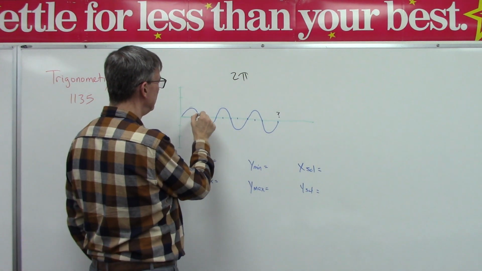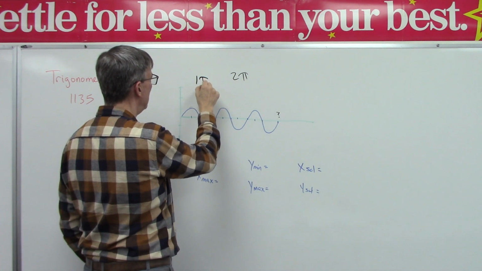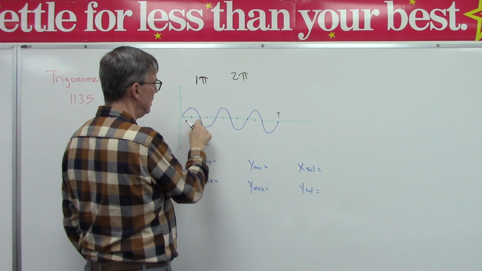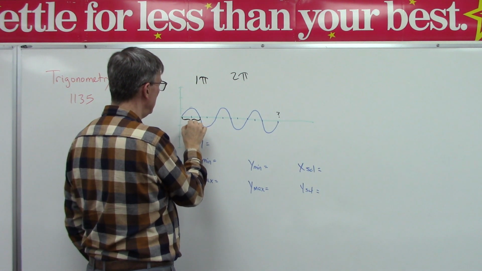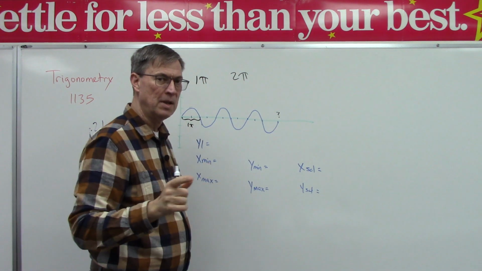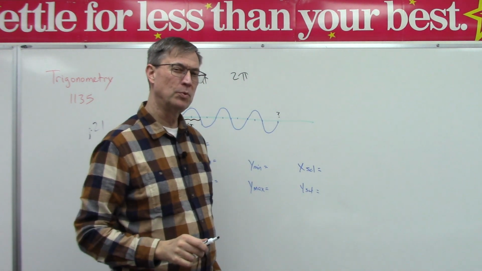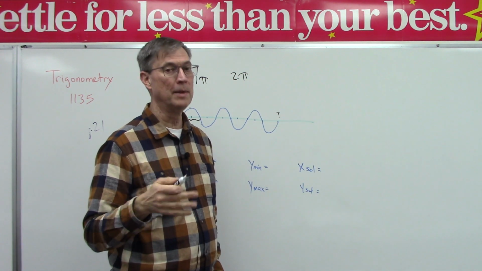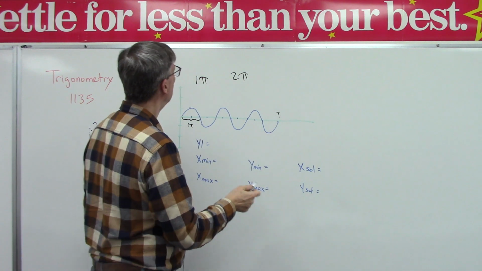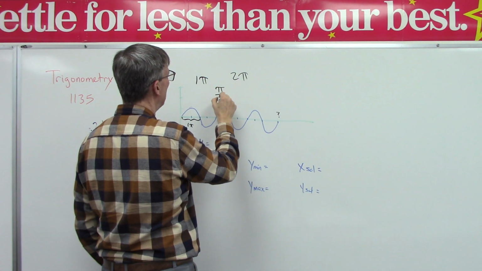So when we get to this halfway point, that would be just 1 pi from here to here. All right, that distance is 1 pi. But we want to know what is that tick mark right in between, halfway between 0 and pi. Okay? So I think you can figure out that that would have to be pi over 2.